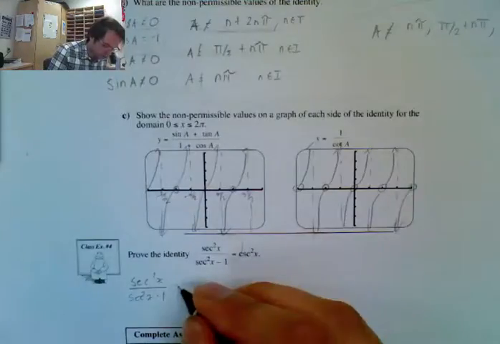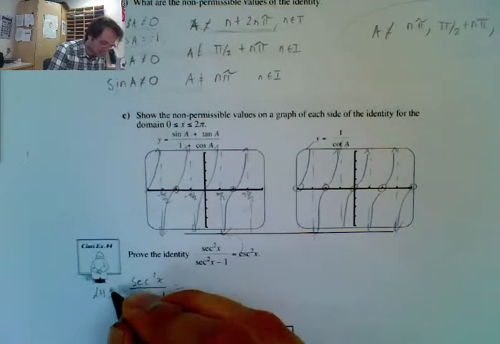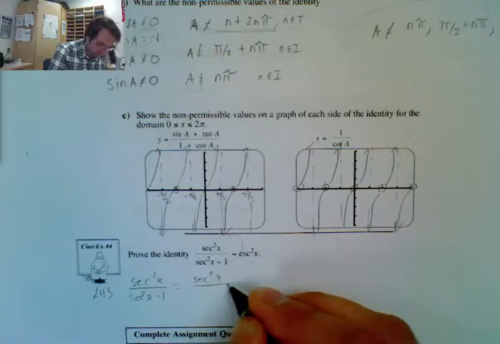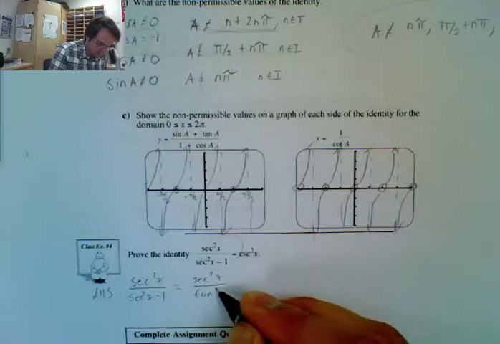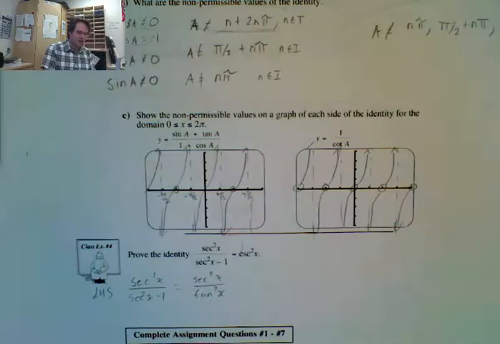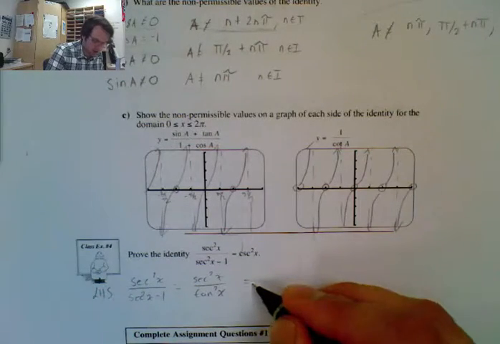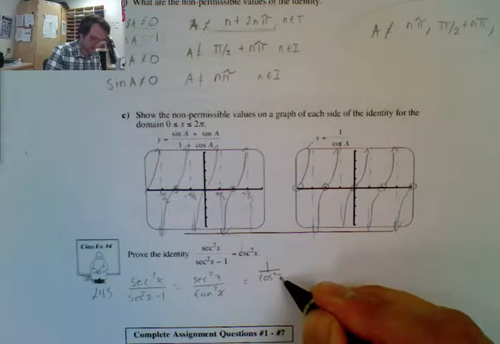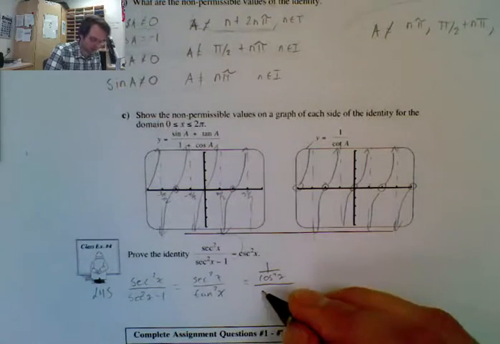So I'm only looking at the left-hand side here. Okay. Now, what is each of these? This is going to be equal to, putting in sine and cosine.